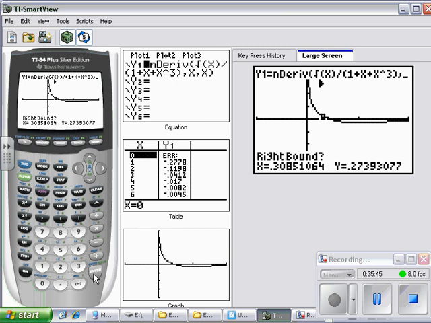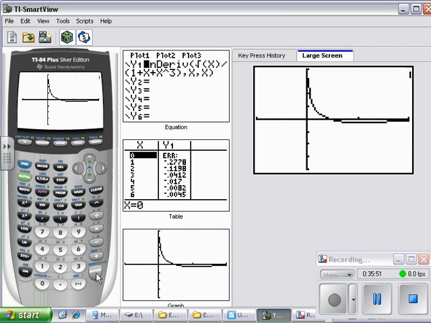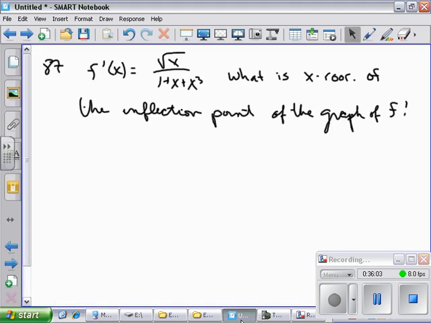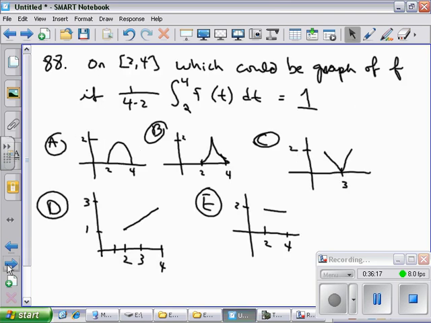And when I do right bound, I have to go until y changes sign, or I will get an error. And we get the second derivative changes sign at 0.473. So we graph the second derivative by using nDeriv of the first derivative, comma, x, and found out where it changed signs.